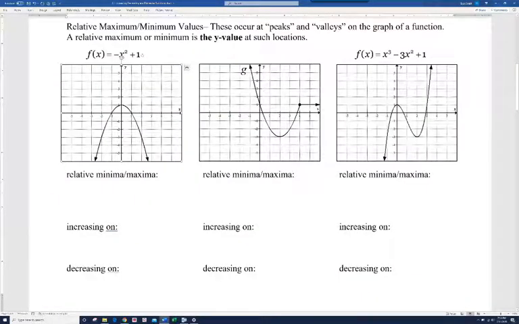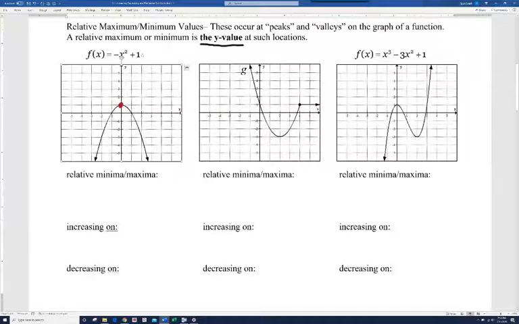We're going to talk about relative maximum and minimum values. These occur at peaks and valleys on the graph of a function. A relative maximum or minimum is the y value at such locations. So it's the y value that's actually our maximum or our minimum. If you look at the first graph here, f of x equals minus x squared plus 1, you can see that we have a peak right there at the point (0, 1).